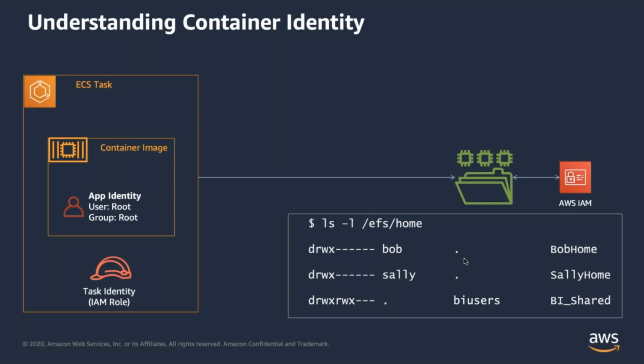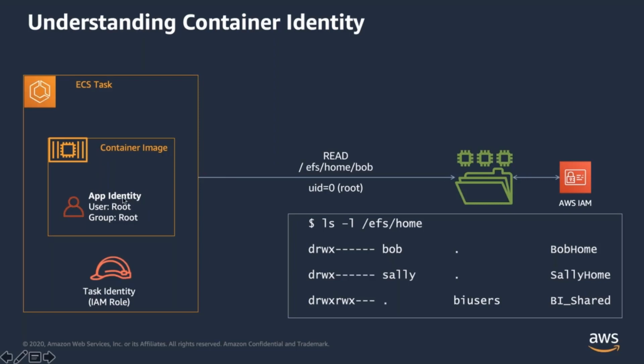Now, when we connect to that file system from a container running in ECS or EKS or really any container framework, what happens is that the application tries to read and write from the file system, and the identity of the user on the file system is picked up from the identity that was baked into the container image itself.